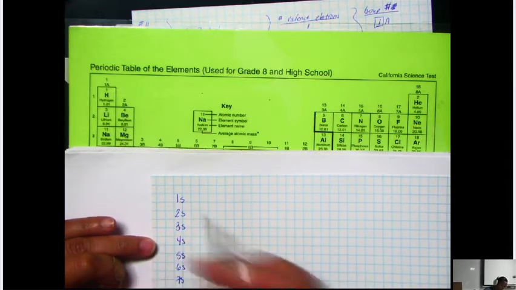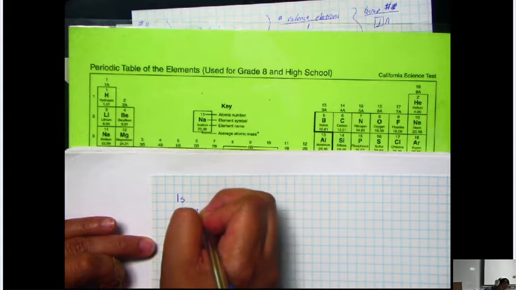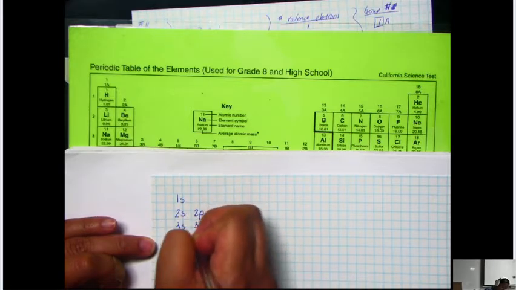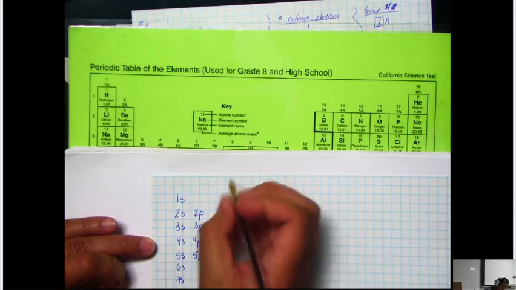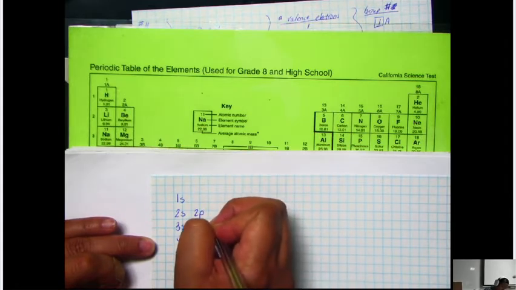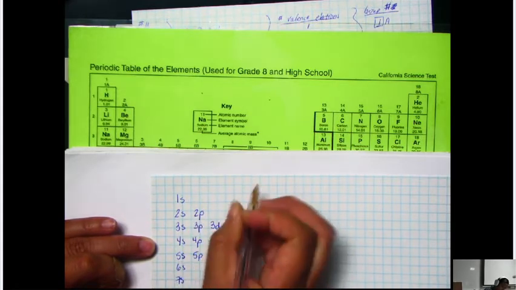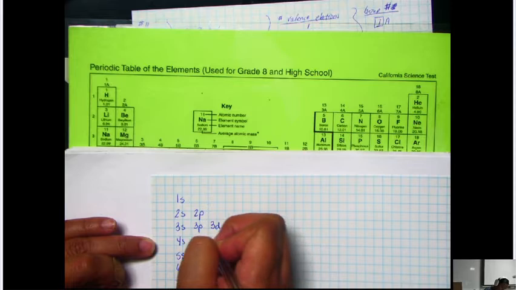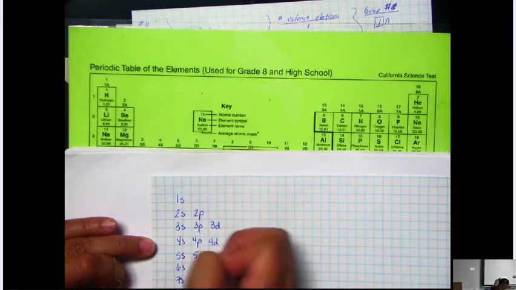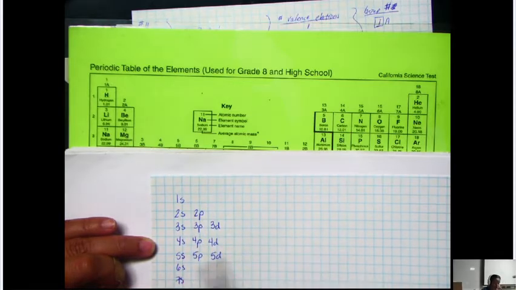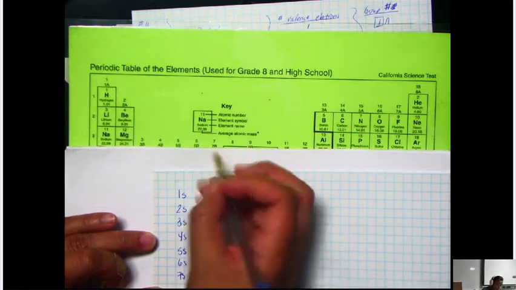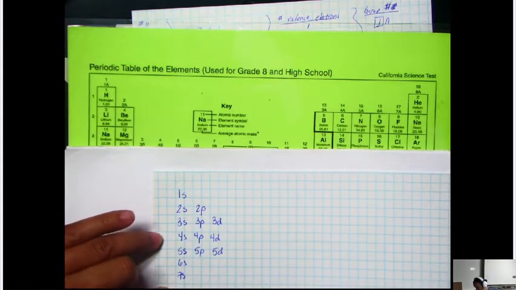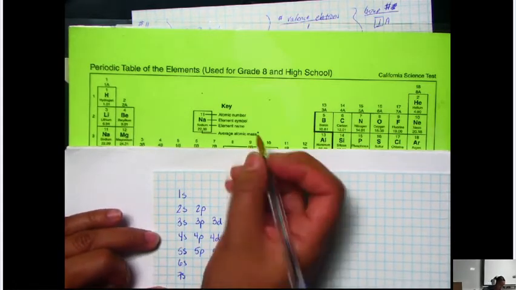So you had the 1s, then we had 2p, and then your d started on level 3. Again, I'm not going to fill in the rest of it. You can fill in all of this, but we don't need it. And then you had your arrows for the order of filling.